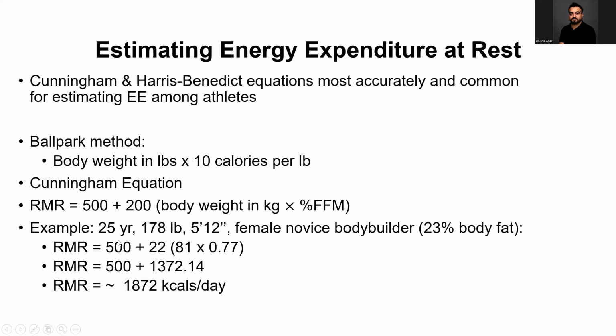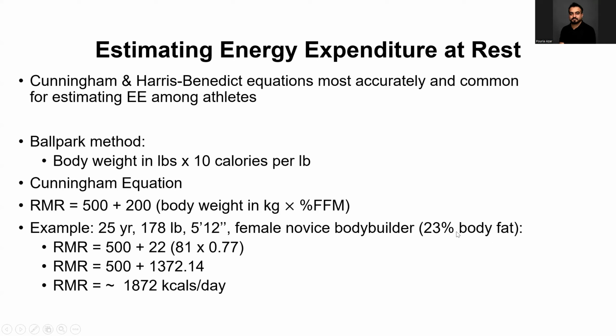And here we have another example: a 25 years old, 178 pounds, 5 feet 12 inches female bodybuilder with 23% body fat. Again, you have to be cautious and careful about this information here. This is 23% body fat.